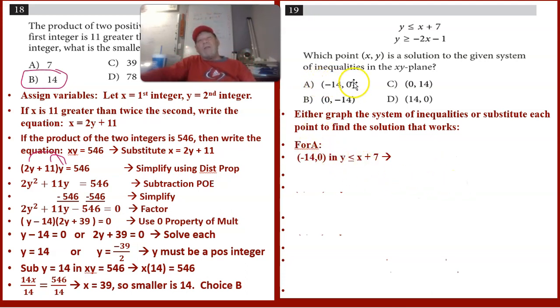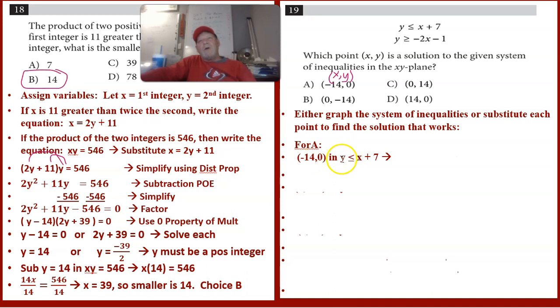So now I'm going to try the negative 14, 0 as my xy. Remember, the negative 14 is going to be the x, and the 0 is going to be the y. Remember, you always write your coordinates as xy for an xy coordinate plane. So in that first, for A, here's my x, here's my y, and I'm going to plug it in.